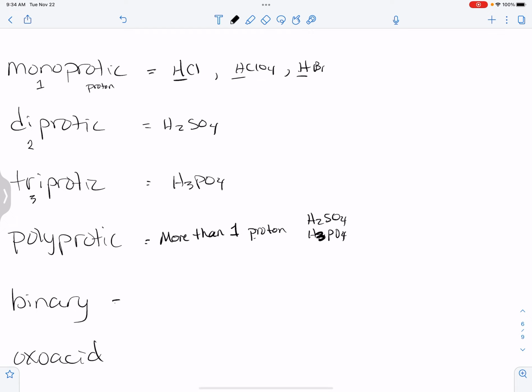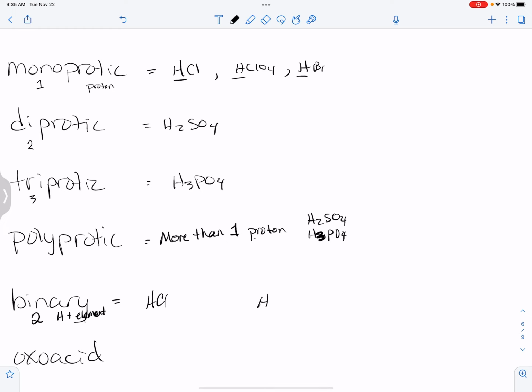All right, so binary, I know that says 2. It means that it has an H and some other type of element. You can have more than one H and more than one of that same type of element. But it just means that it's got two different types of elements in it, one of them being an H, to be a binary acid. So again, HCl, that's binary.